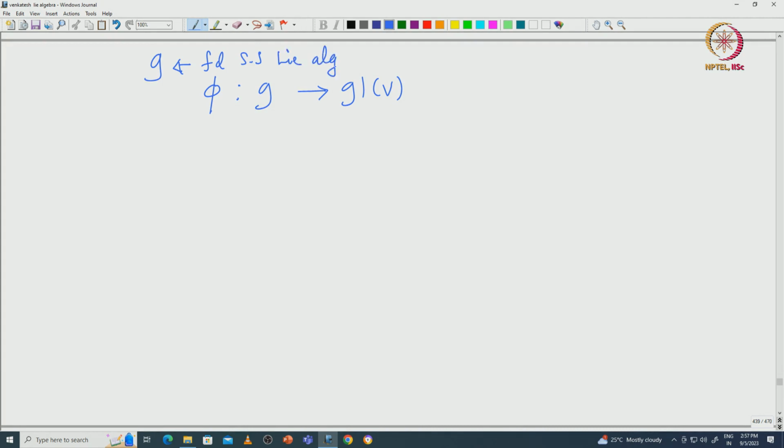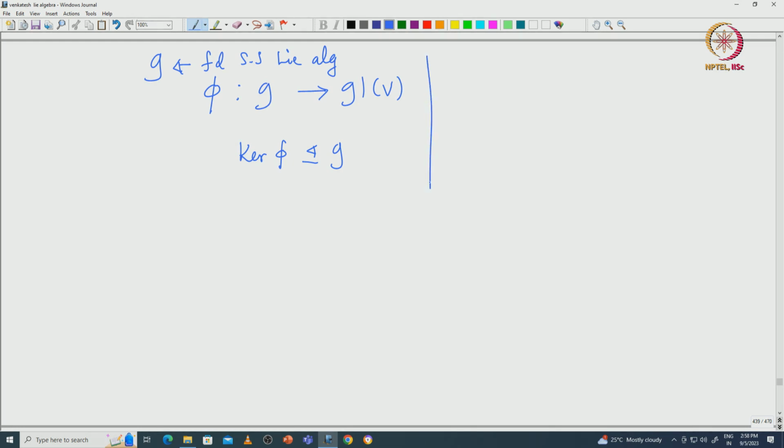Now, given this representation pi, the kernel of pi must be an ideal inside G. We have seen that because G is semi-simple, G can be written as a direct sum of simple ideals. In particular, any ideal inside G can also be written as a direct sum of some of those simple ideals.